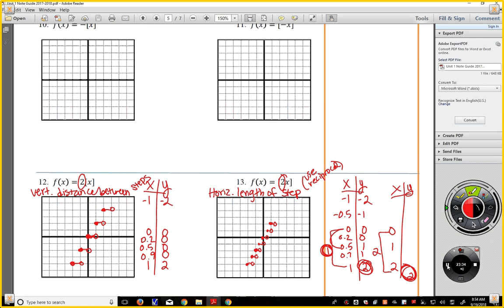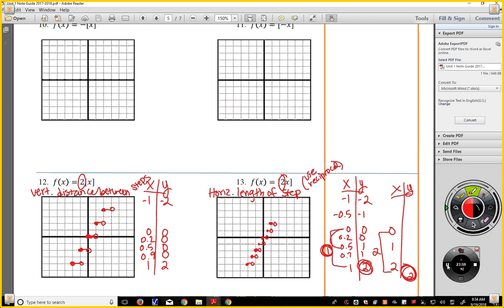So these numbers now control different things because the slope has kind of been split up into 2 parts, right? There's a distinct vertical separation, but there's a separate length of step horizontally. And it kind of makes sense. This 2 was applied after we were done with the rounding. So that means the 2 is affecting the numbers from the parent function that you had after the rounding was done, which was like the y values.